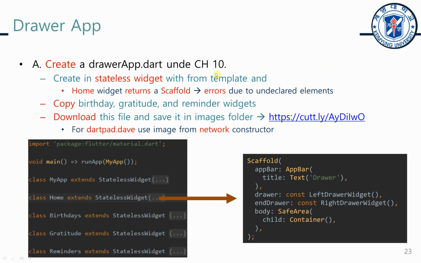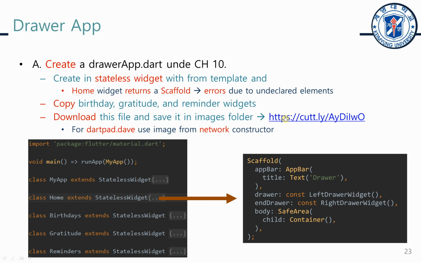There might be some errors, and since we are going to use the pages we have already created for the navigation bottom bar, you can easily copy them. So copy the birthday, gratitude, and reminder widgets, and also download this file and save it.